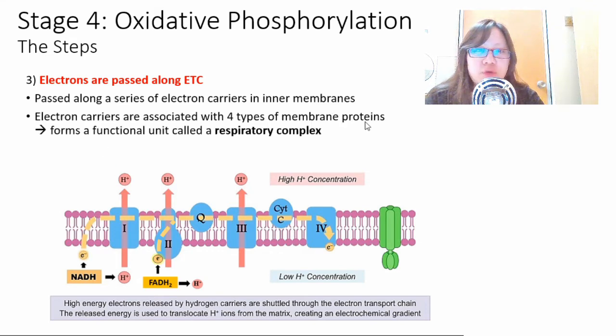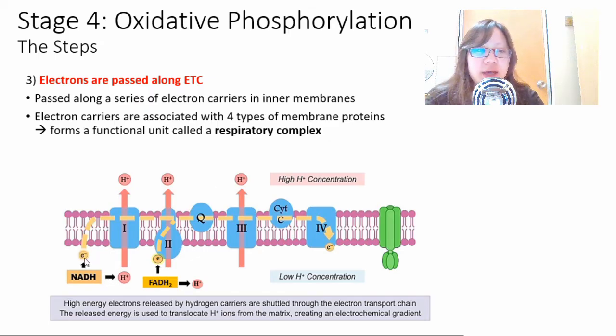There are actually 4 types of membrane proteins labeled here, 1, 2, 3, and 4. The 5th and 6th elements are not proteins and you don't need to care about them that much. All these proteins together form a functional unit called a respiratory complex, but we don't use that term very often, we just say it's the electron transport chain.